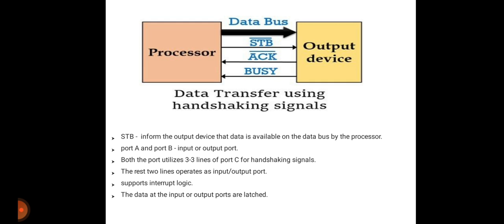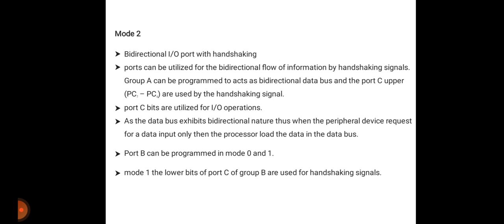The next one is mode 2. Mode 2 is the bidirectional input output port with handshaking. In this mode the ports can be utilized for the bidirectional flow of information by handshaking signals. So the pins of group A can be programmed to act as a bidirectional data bus, and port C upper, that is PC7 to PC4, is used by the handshaking signals, and the rest of the 4 lower port C bits are used for input output operations.